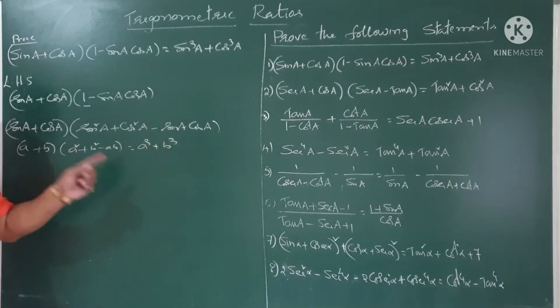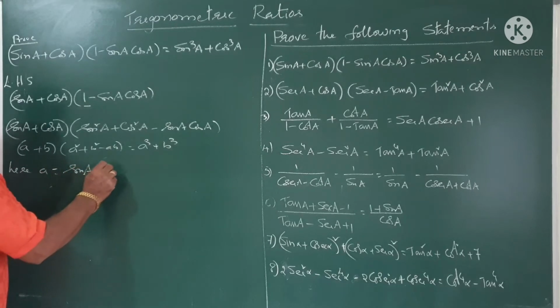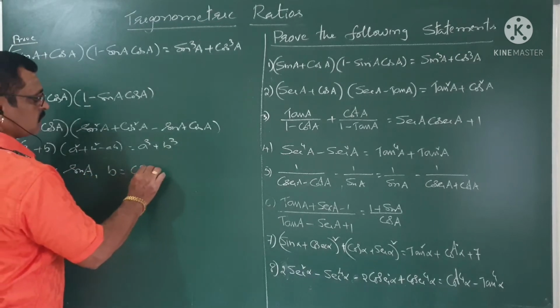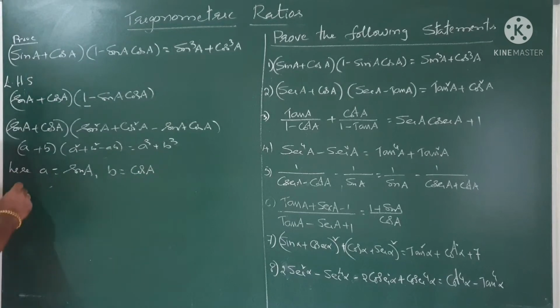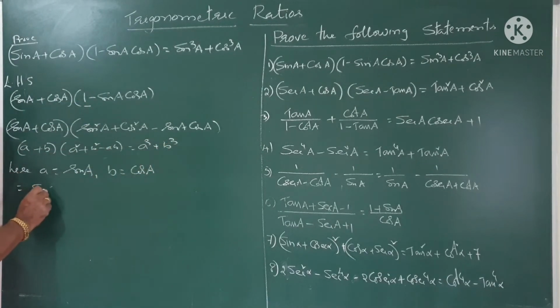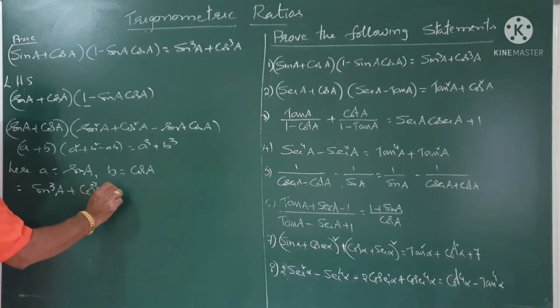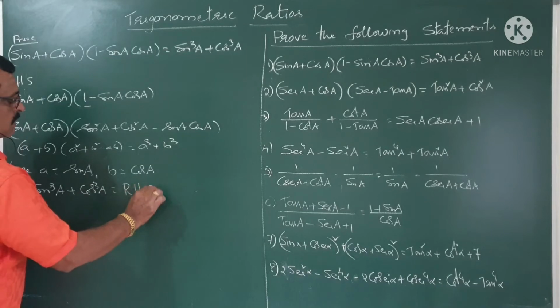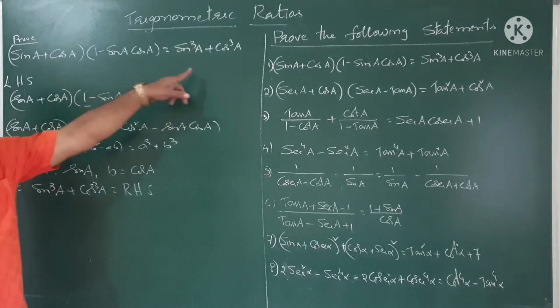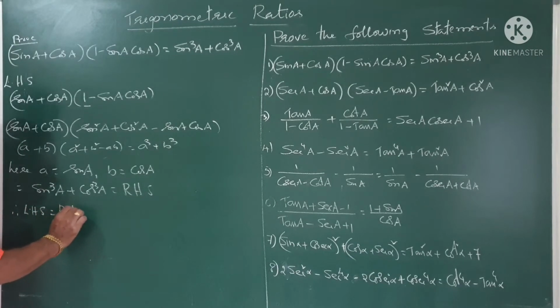We have this algebra identity. Here A is equal to sin A, B is equal to cos A. Therefore, I get A cube plus B cube, sin cube A plus cos cube A, which is equal to RHS. I got it. Therefore, LHS is equal to RHS.